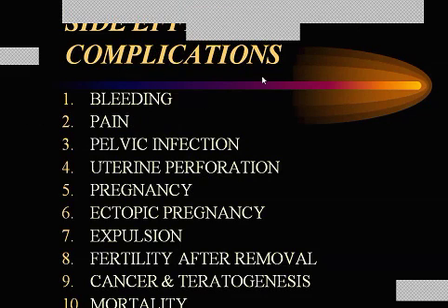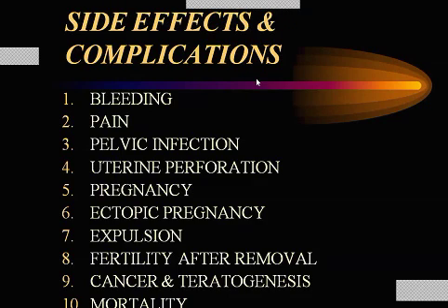Then what are the side effects or complications associated with intrauterine devices? Bleeding can occur. The patient may complain of pain, pelvic infection. Uterine perforation may also occur in rare conditions. Sometimes pregnancy failure occurs because the IUD is misplaced.